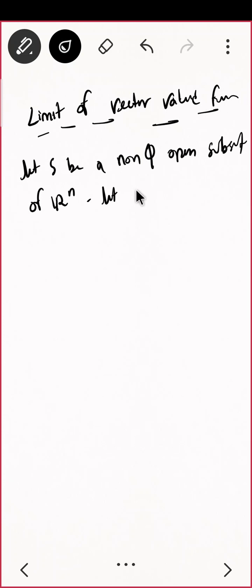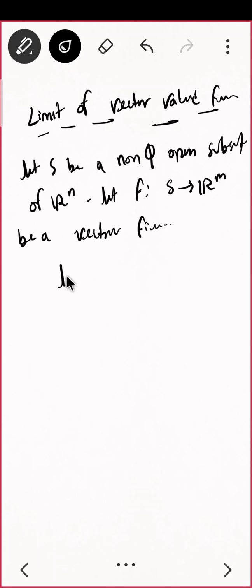Let f from S to Rm be a vector field, and you want to define the limit as x tends to a of f of x equal to L. Can somebody quickly define this?